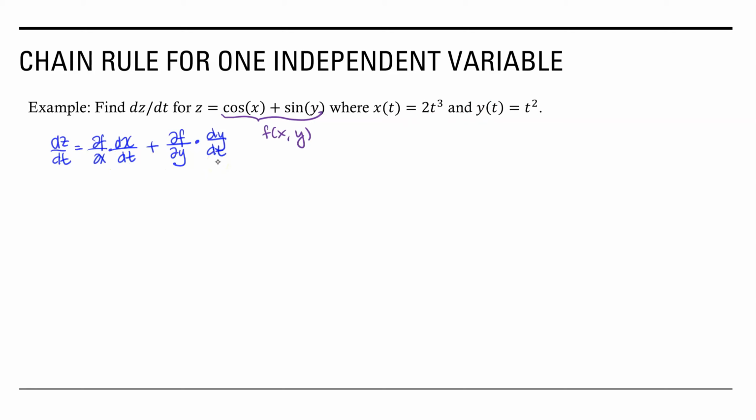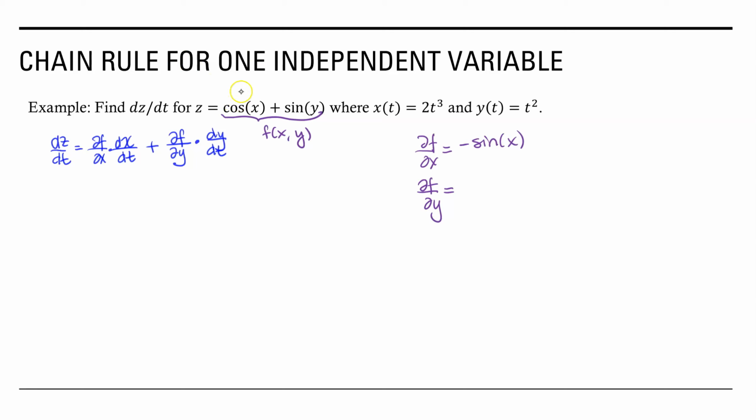We need the partial of f with respect to x. So that's going to be the partial of cosine of x, so that's negative sine of x. And then taking the partial derivative of sine of y, that's 0. We need the partial of f with respect to y.